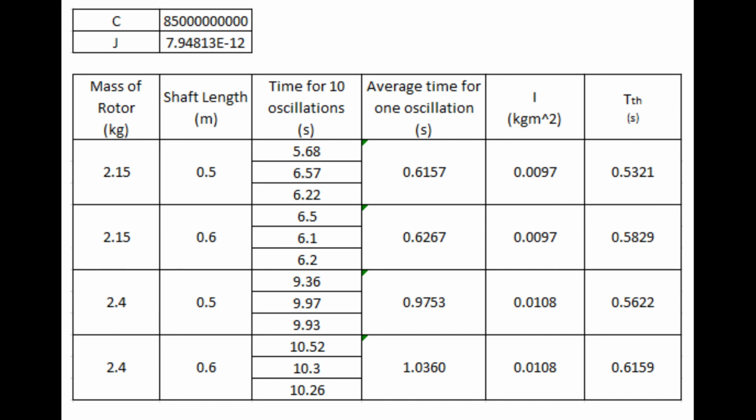This is because certain parameters play a role in this. You can consider shaft stiffness. It plays a good role because this equation is derived for undamped free vibration, but here shaft stiffness causes damping. Again, shaft straightness also affects; here the shaft was not perfectly straight.